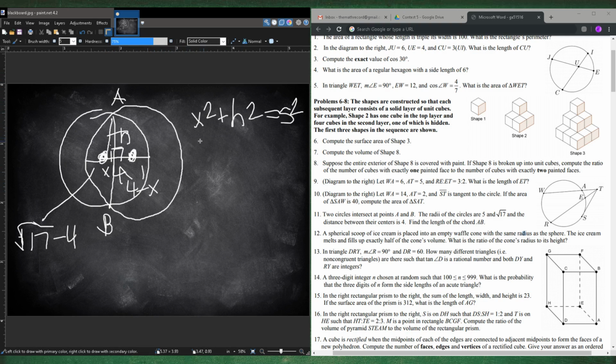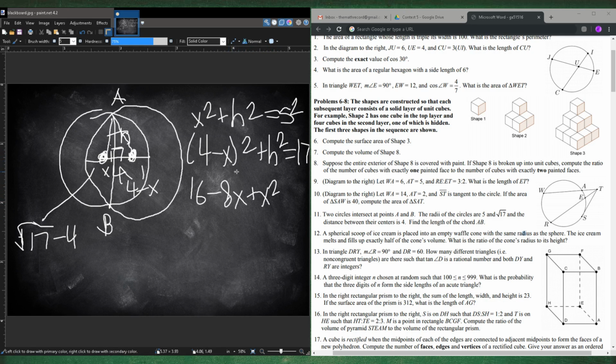And then you have this one, which is (4 minus x) squared plus h squared, for this triangle right here. Oops, sorry. This triangle right here is equal to its hypotenuse squared, its radius squared. Its radius is square root 17, so the radius squared is just 17. 5 squared is just 25. So if you expand this out, this is basically just 16 minus 8x plus x squared, right?